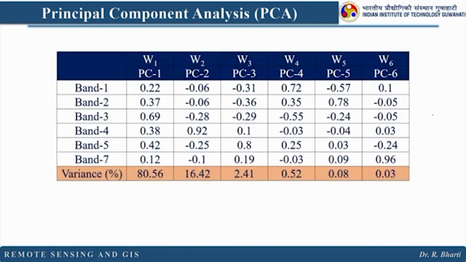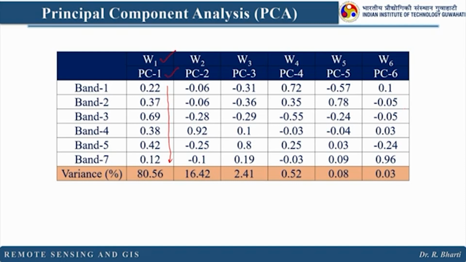Now, we have generated the eigenvalue and eigenvector matrix, and as we know, W1 is PC1, and this is the composition of weightage for PC1. You can see that different weightage is assigned to different bands. Somewhere it is negative, somewhere it is positive.